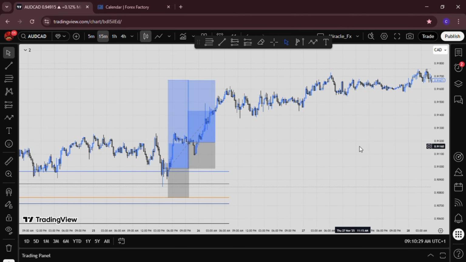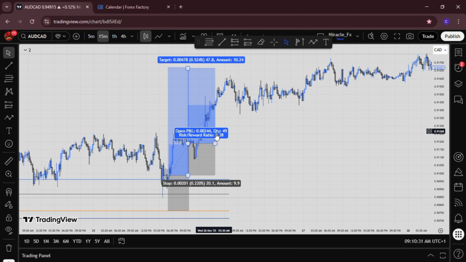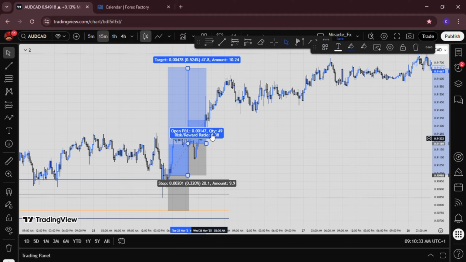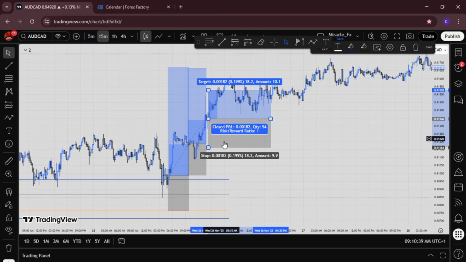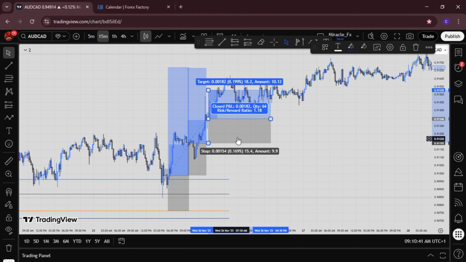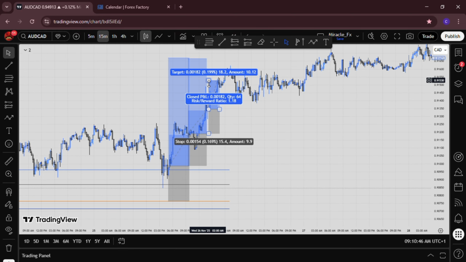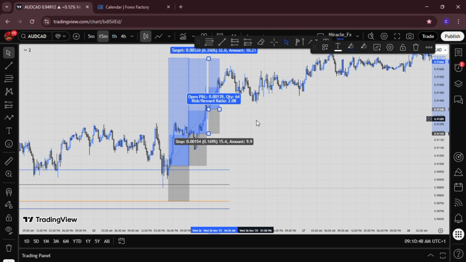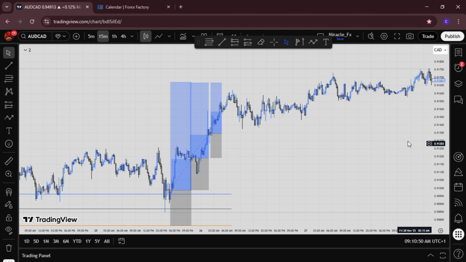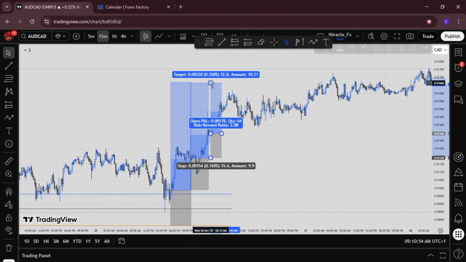So price moves, I get this other consolidation here. I take another buy. Set my stop loss here. Target here. As you can see, price has not gotten to this TP until here.